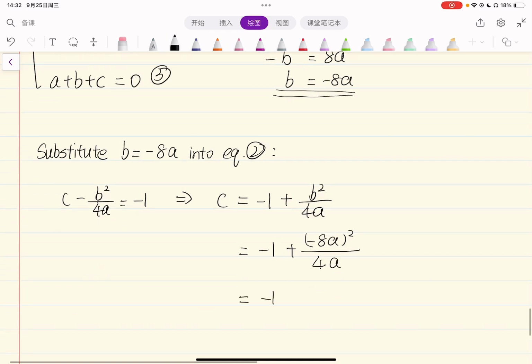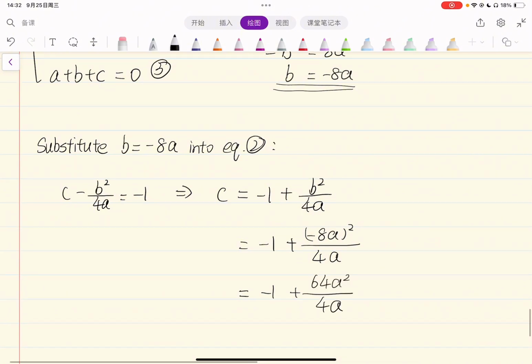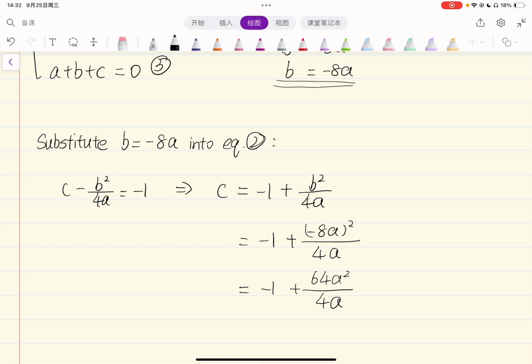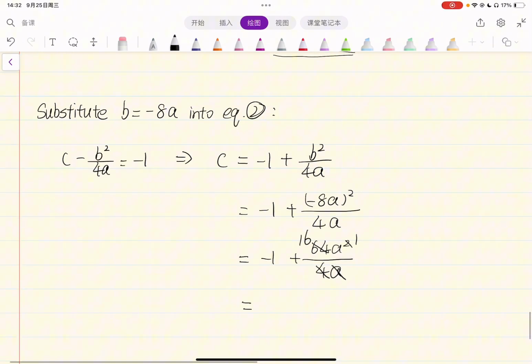Thus, minus 1 plus 64a squared over 4a. And we can cancel some of them. So a cancels, it has left 1. 4 divided into 64, we have 16. So c equals minus 1 plus 16a.